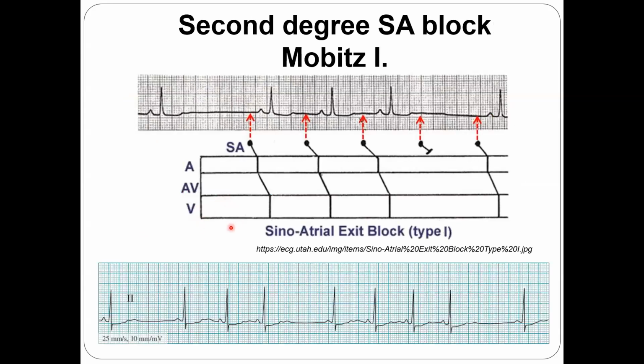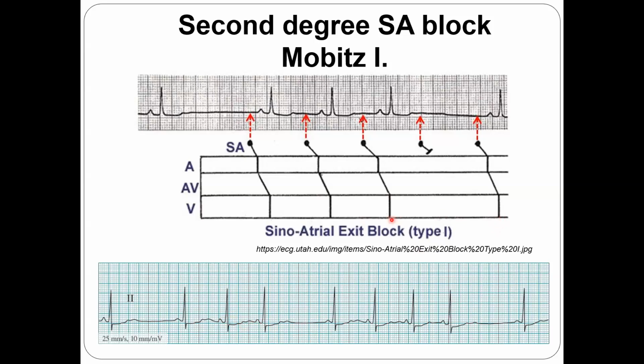For example, looking at this chart, you do see a P here, but there's no P here, and after that you do have a P wave, and P wave, and P wave, and P. Now, what you have to do is look at the last conducted beat and the first conducted beat, and look at whether this is twice as much or not, when you look at the PP interval.